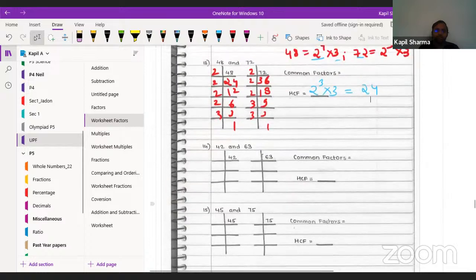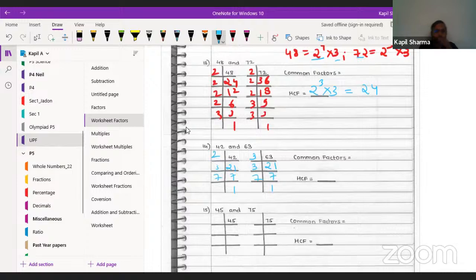Fine. Next one. 42 and 63. So 2 times 21, 3 times 7, 7 times 1. This is 3 times 2, 3 times 1. 3 times 21 is 63. 3 times 7, 7 times 1. So what's the HCF?